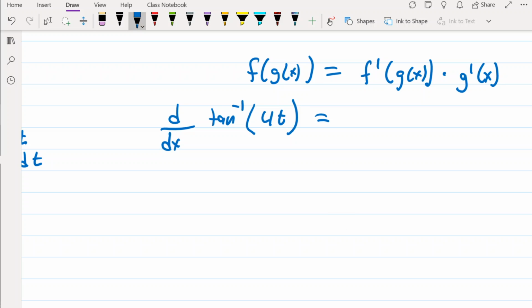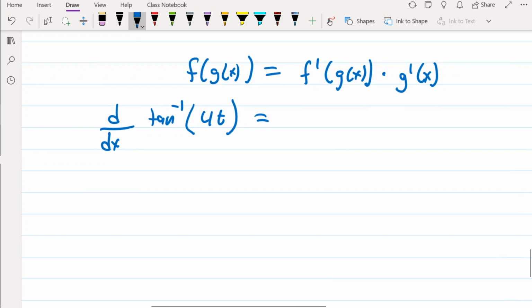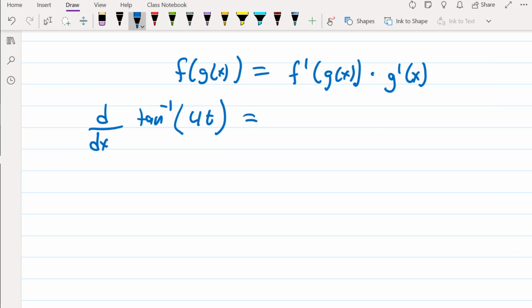So first we're going to take the derivative of tangent inverse, which equals 1 over 1 plus, and we're still keeping this 4t, so it's 4t squared, times the derivative of 4t, which will just be 4.